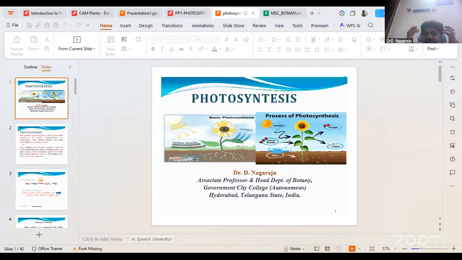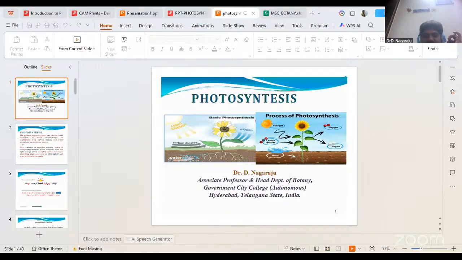What is the photosynthetic site? Chloroplast. Correct? Yes, the chloroplast is the photosynthetic site. Photosynthesis happens in the chloroplast.